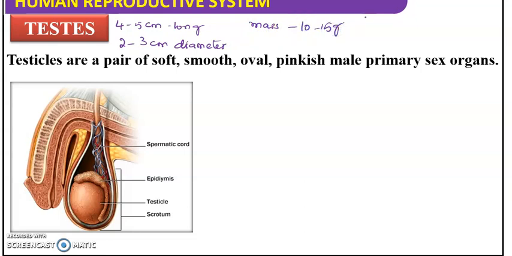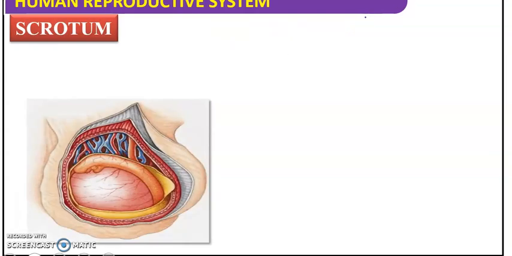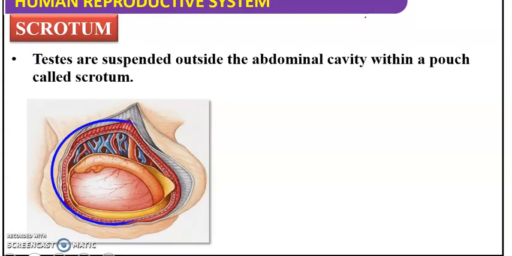So this is the length, breadth, width and the mass of each testis, and they are always present as a pair. Now these testes are present in an abdominal pouch, which is in fact present outside the abdominal cavity, and it is called the scrotum. As you can see clearly, outside you have this pouch-like structure, the scrotum, inside which you will have the pair of testicles.